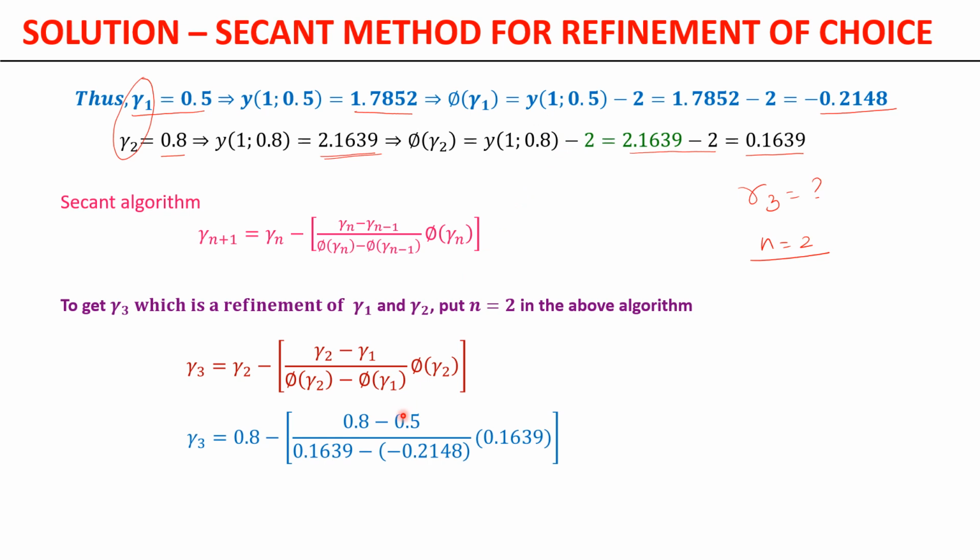I substitute them in this formula and get the new value of gamma 3. Now what is my next step? This is the refinement of gamma 1 and gamma 2. I need to go back and write IVP3 and once again solve it using my RK method.